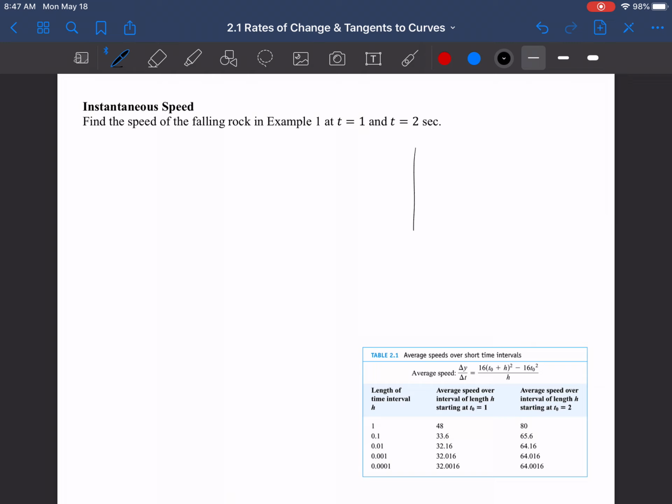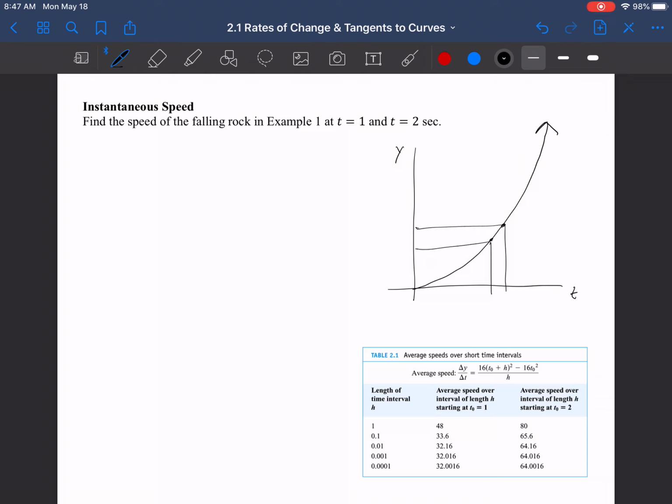The idea is, instead of what we were doing, where we have some position and time graph like this, instead of looking at a long distance, what we want to do is look at a short distance between the two that are really close together, T1 and T2.